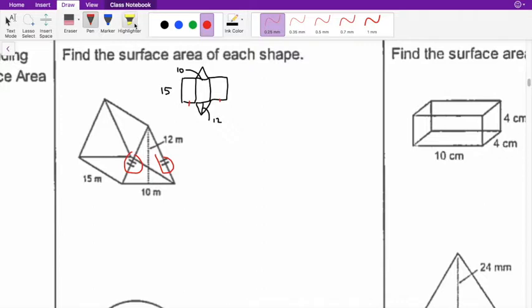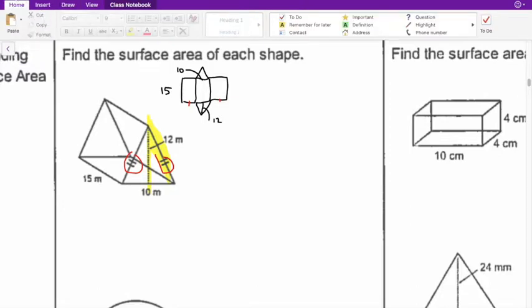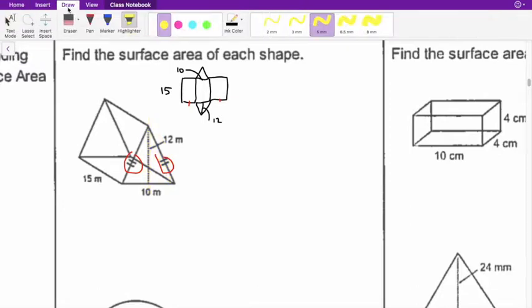But if we look here, this draws a... let's try that again. That did not work with that pen. Let's use the marker. We'll use blue.